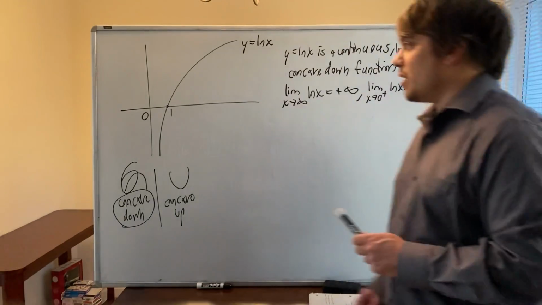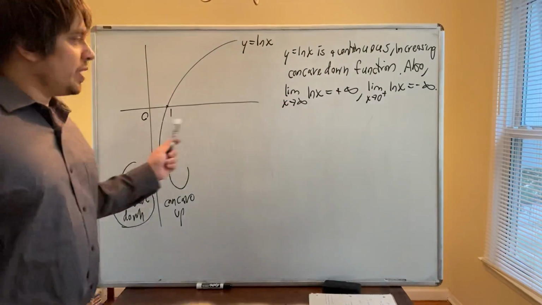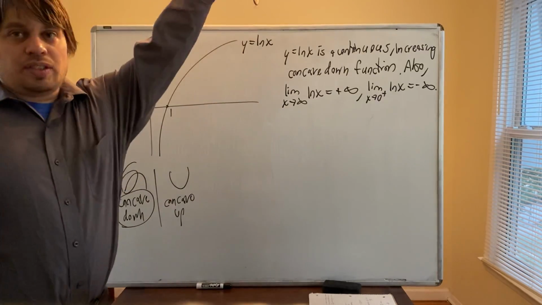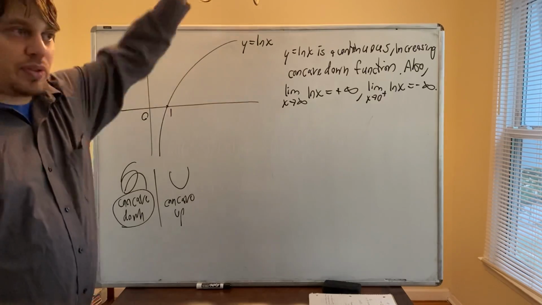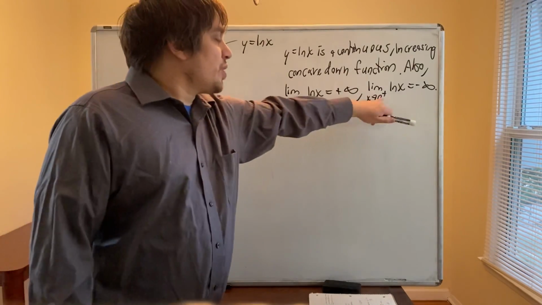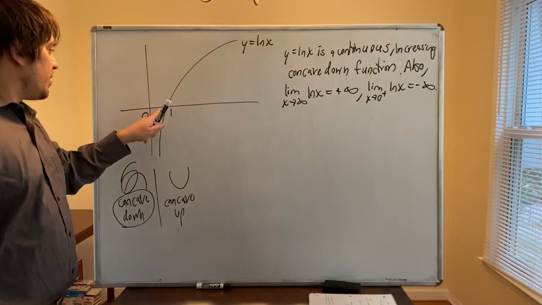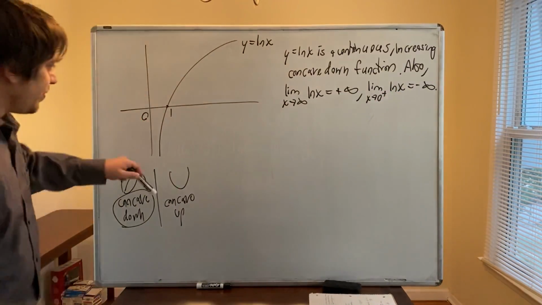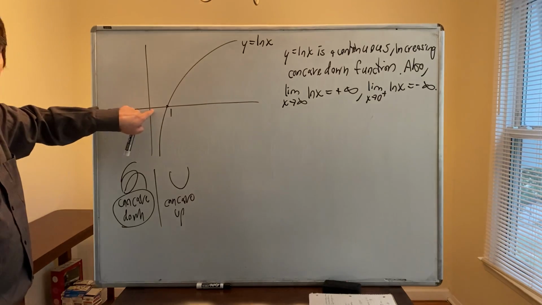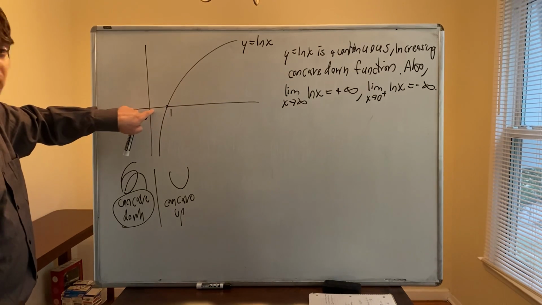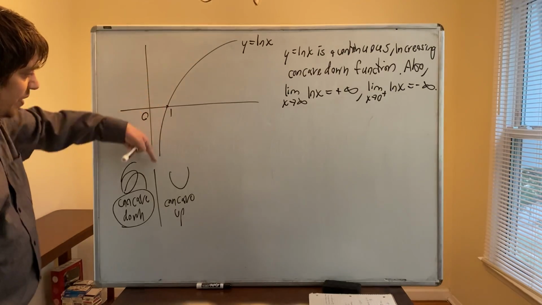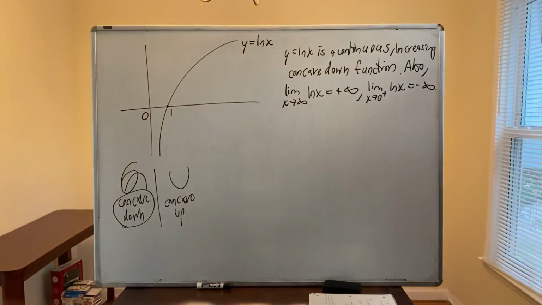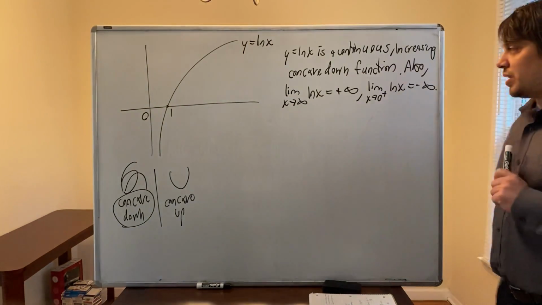So as x gets arbitrarily large, the value of ln x also gets arbitrarily large. And as x gets closer and closer to 0 from the right, the value of ln x tends to negative infinity. Okay, so that's a loose interpretation of what these limits mean.